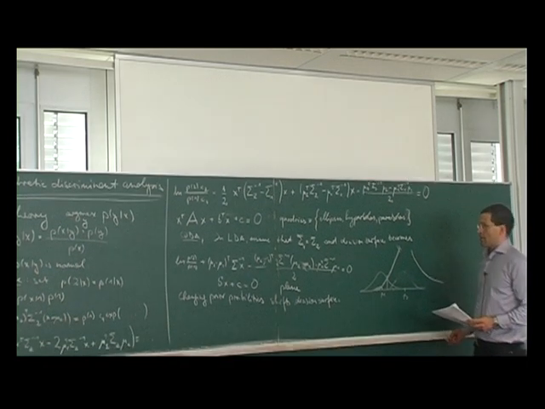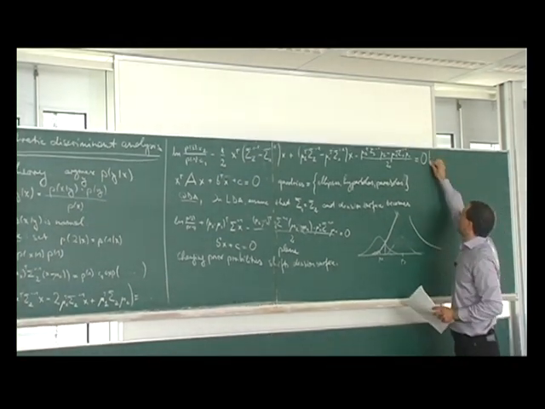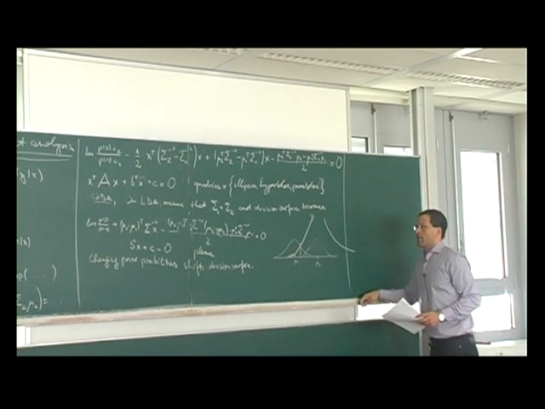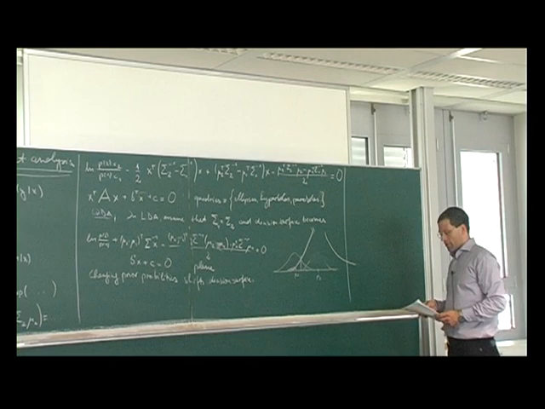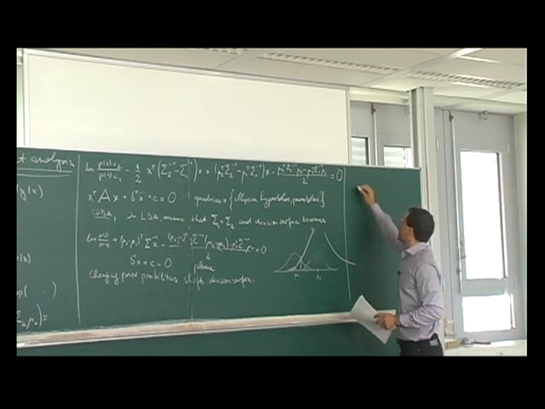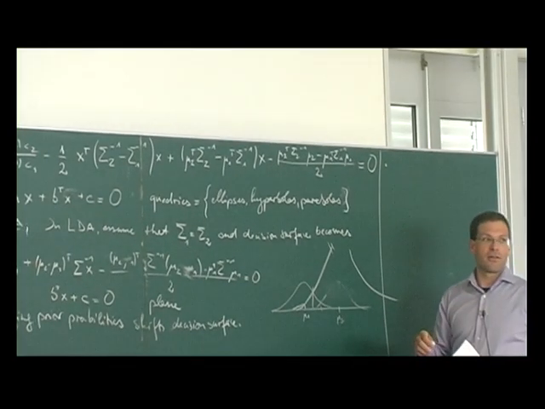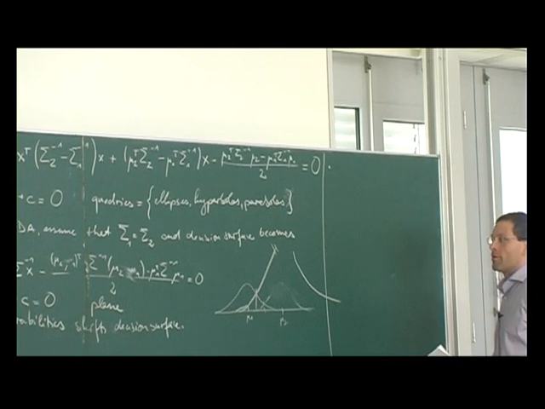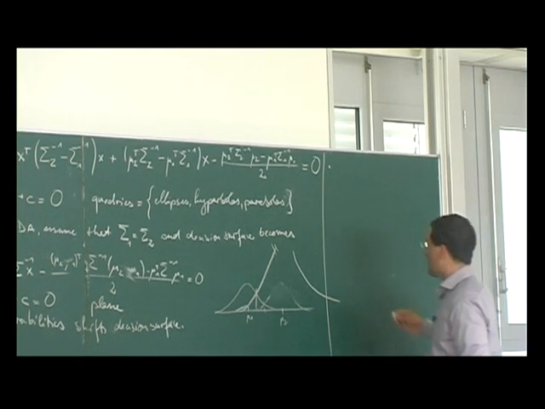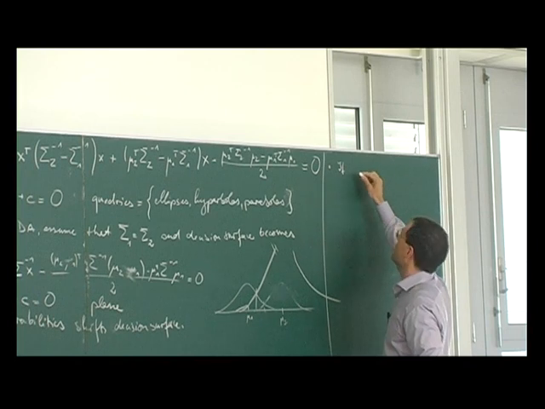So the decision surface for LDA is just a plane, and we could make this formula even simpler by further assuming that the covariance matrix is isotropic. So the covariance matrix is just a multiple of the identity matrix.